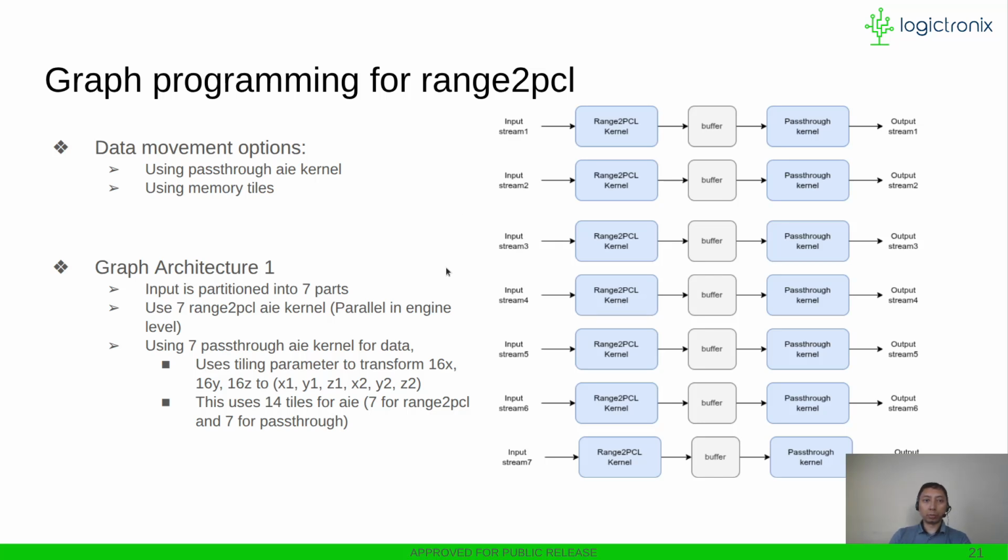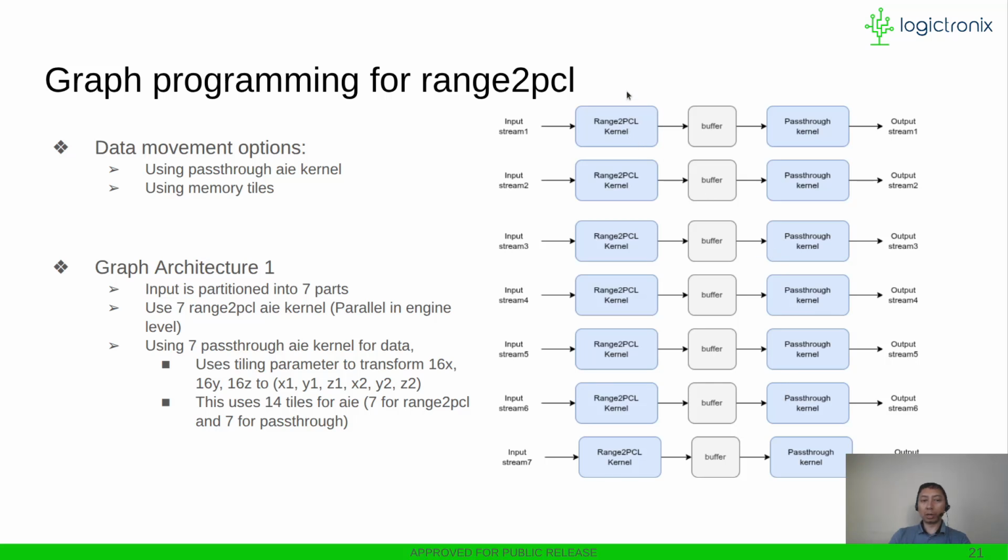In graph architecture one, it consists of 7 range to PCL kernels, and it is passed through the buffer, and further it is passed to the pass-through kernel. So it is a dummy kernel which does two things. First, it arranges this 16 packed data to the unpacked data, and converts buffer memory to the stream output.